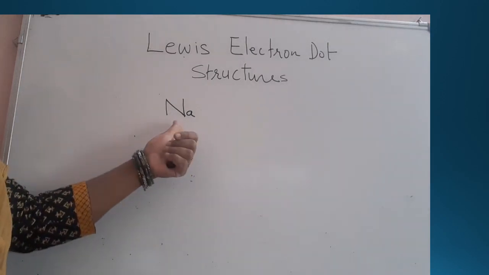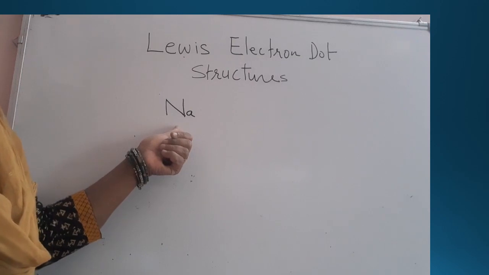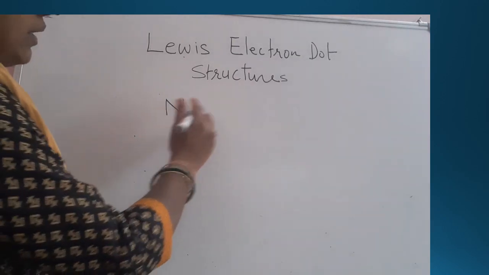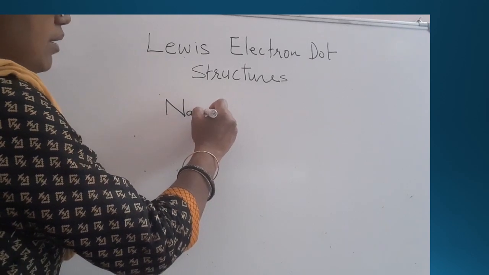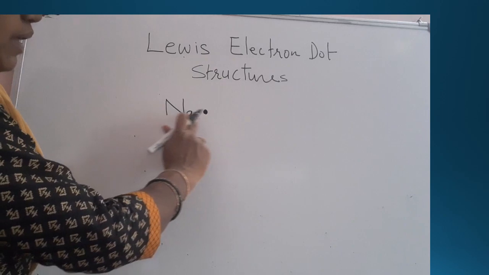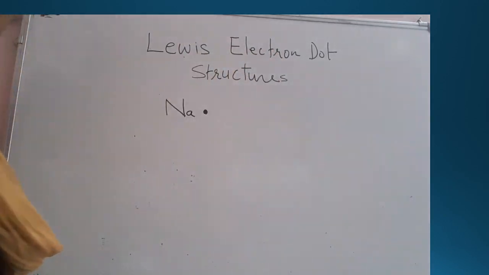For example, sodium. The electronic configuration of sodium is 2, 8, 1. That means it has one valence electron, and that one electron we represent by giving a dot along with the symbol of sodium, and this structure is the Lewis electron dot structure.